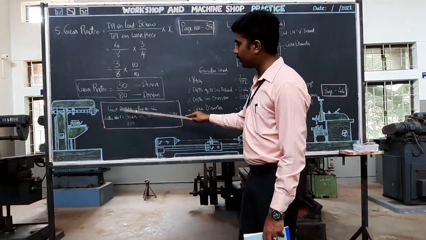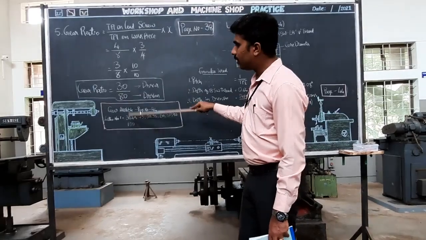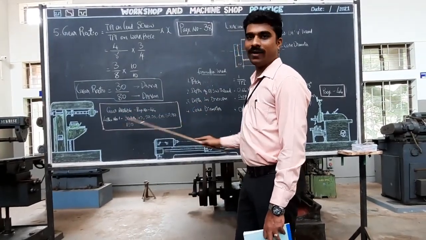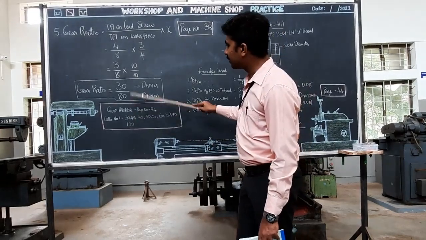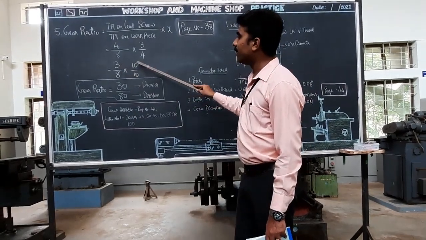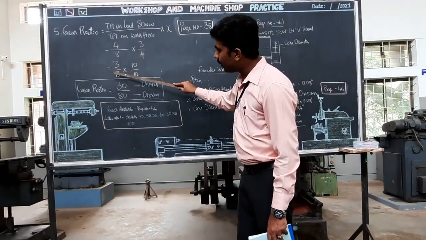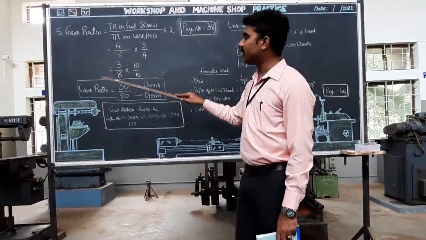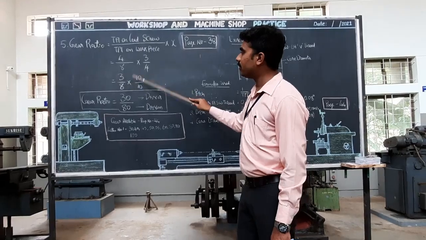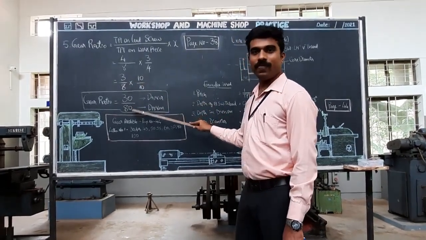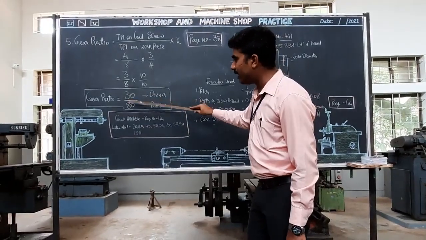You can see 30, 40, 45, 50, 55, 60, 80, 90, 100. These are the gears that are available. Either you have to get 30 by 80 or 40 by 100, something like that. If you multiply 3 by 10 and 8 by 10: 3 into 10 gives 30, and 8 into 10 gives 80. You should check whether 30 and 80 are available.